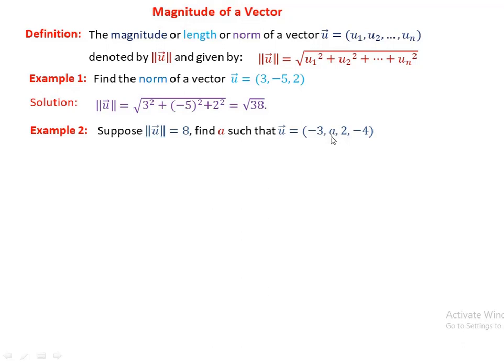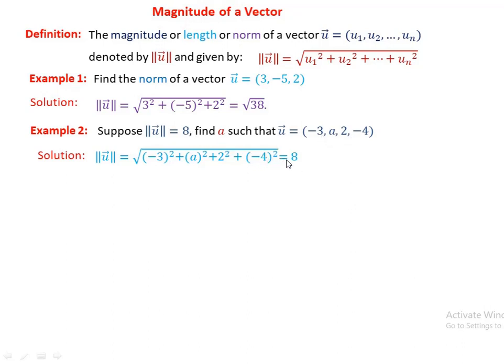Since the norm of u is 8, we find the norm of the given vector and equate it to 8. Using the definition of the norm, ||u|| = square root of ((-3) square + a square + 2 square + (-4) square) = 8.